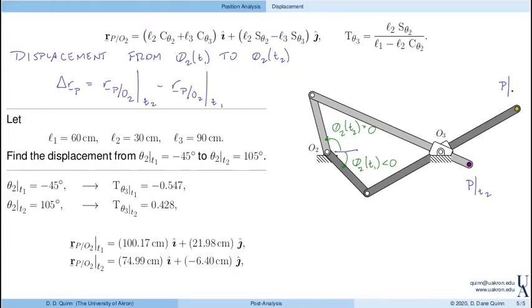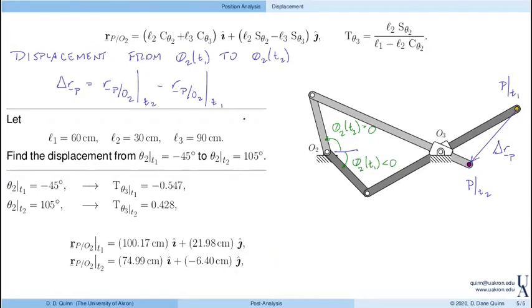This would be P at time t1. So the displacement would be this position minus that position, or this vector. So really, we use the value of theta 2 at the final time, calculate theta 3, find the position. Do the same at the initial time, find the position, and subtract one from another.